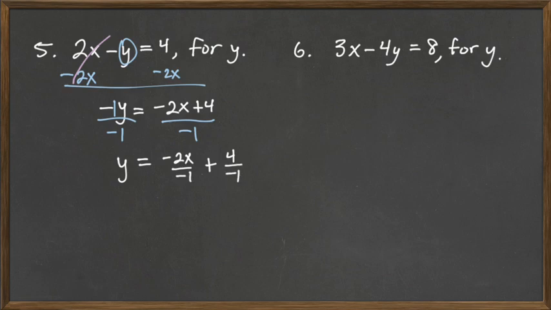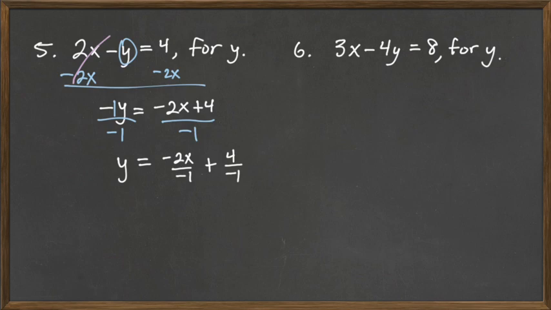Now some of you might be wondering, how do I justify that? Well, we're actually doing something backwards here. If we had these two fractions, they both have a common denominator, and so we could add the numerators, and we would get what we have here. So here we're literally going in reverse order.